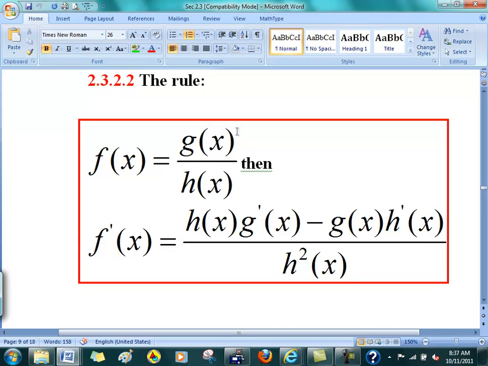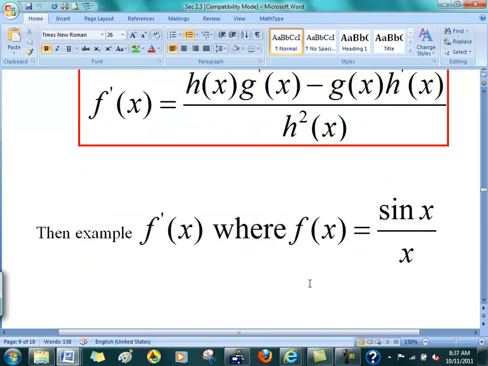Okay, all over bottom squared. Okay, maybe you want to write this in words. You know, if these symbols don't mean a lot to you, you might want to write it in words, okay? So let's go apply that rule to this example then, okay?